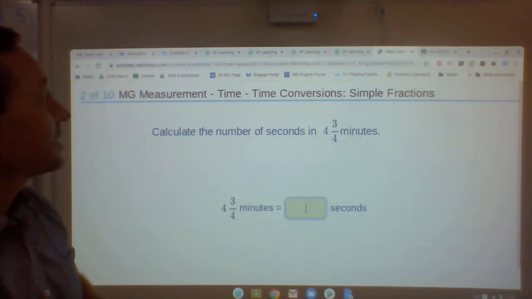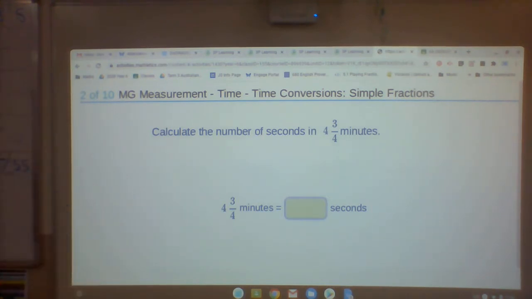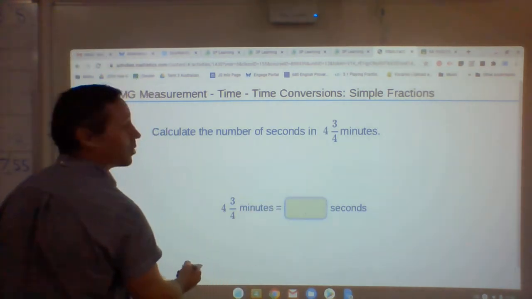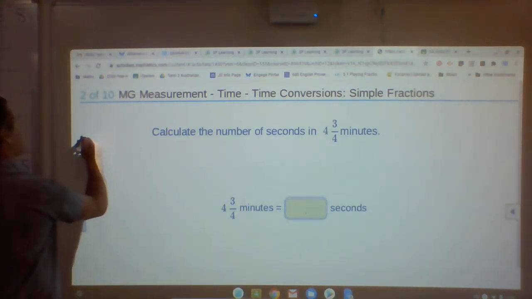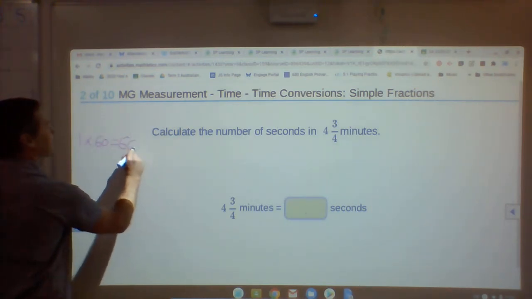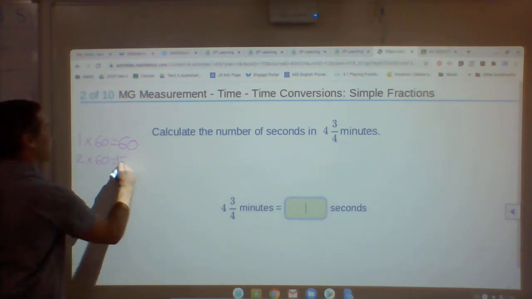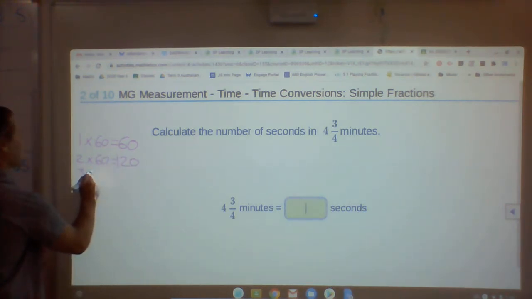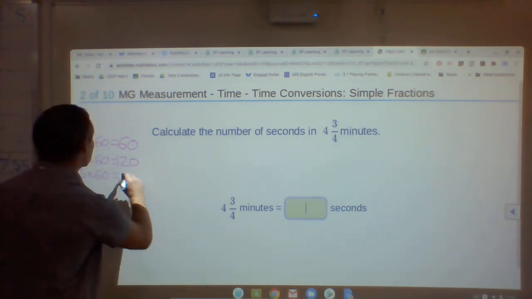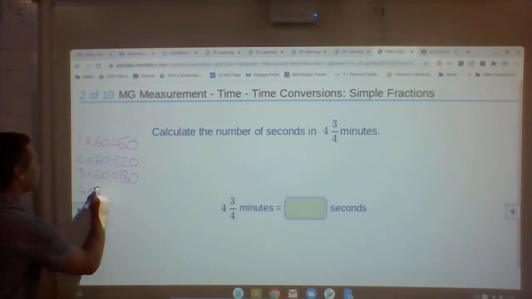Calculate the number of seconds in 4.75 minutes. Again, this is where your times table will come in handy. You might have it over the side, you might just have 1 times 60. You might just know this. 1 times 60 is 60. 2 times 60 equals 120. 3 times 60 equals 180. 4 times 60.